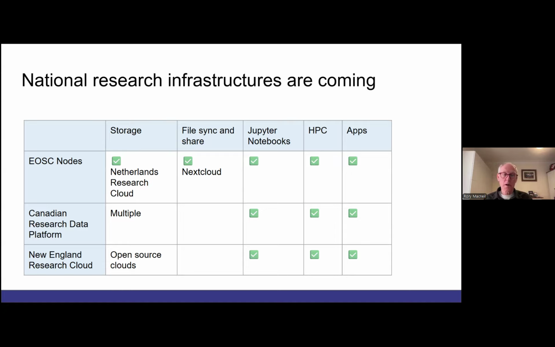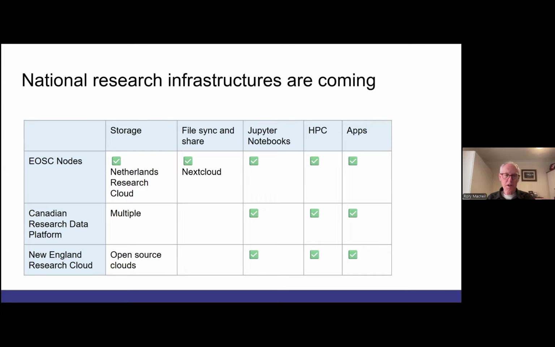They have some HPC element. And then they have this almost always vague concept of apps. Apps like electronic lab notebooks, like repositories, like data management planning tools, like specific research tools that researchers use, like Omero for bioimaging, for example.